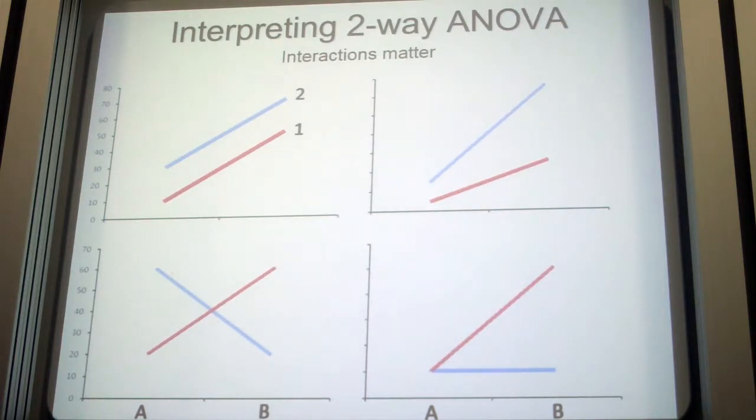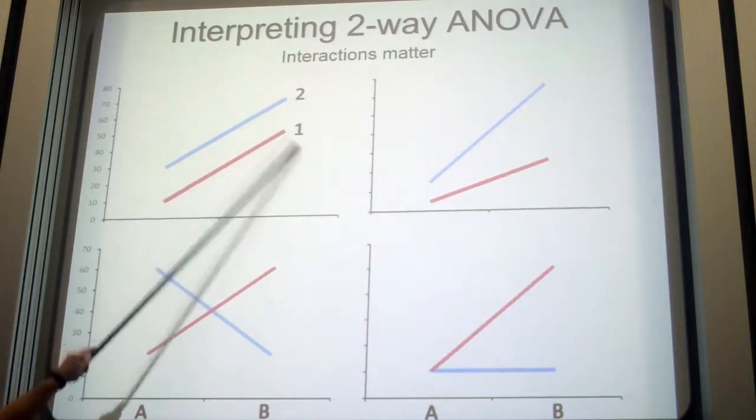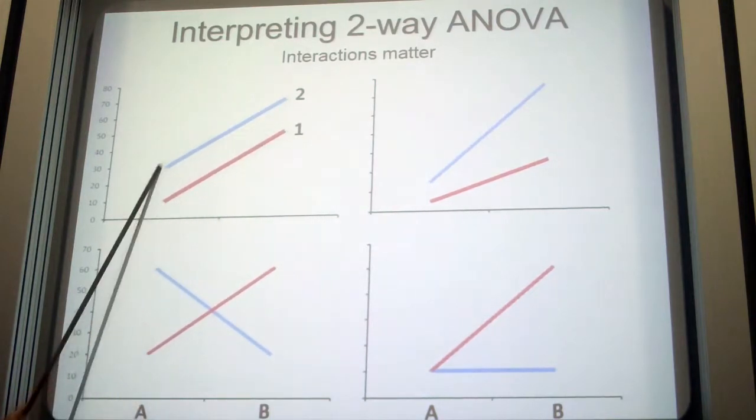And the first thing to do is to plot out your data and just look at it. That will nearly always allow you to see where interactions are going on. To look at the difference and see, if this difference is the same, so if the lines are parallel, then there isn't an interaction.